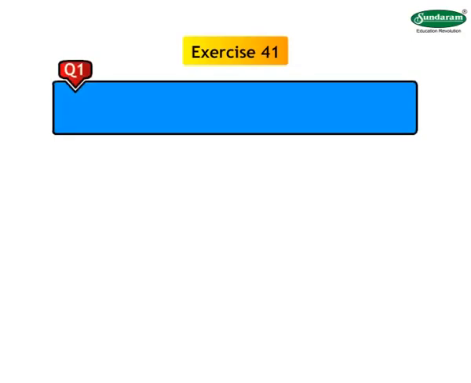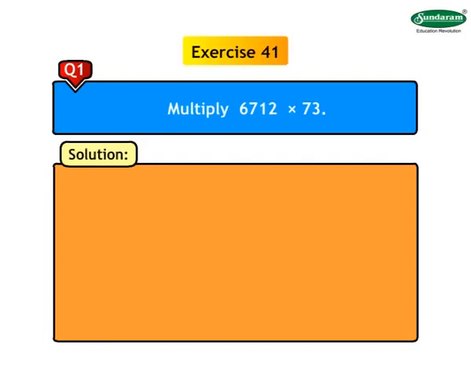Exercise 41. Let us multiply a 4-digit number by a 2-digit number. Question 1. Multiply 6,712 into 73. Solution. Arrange the numbers.